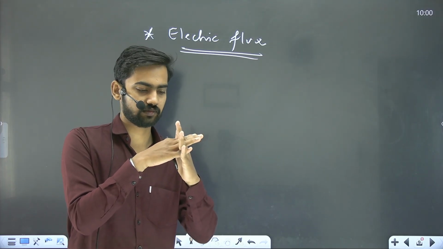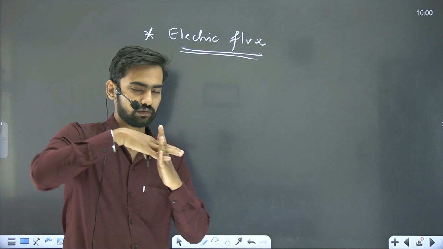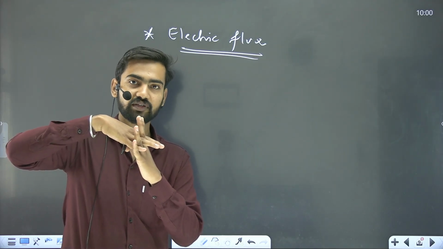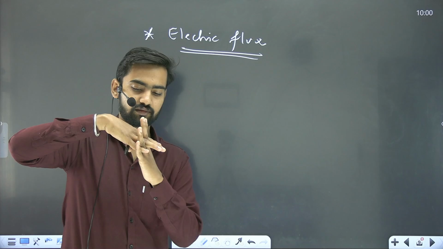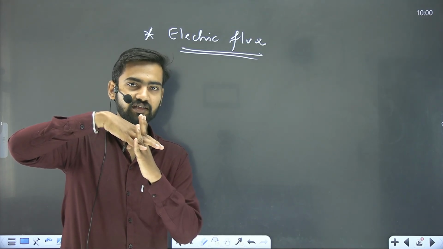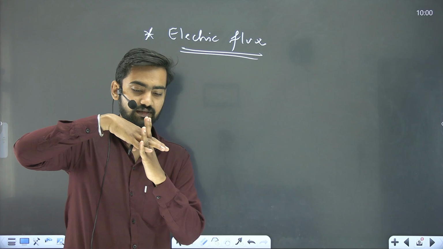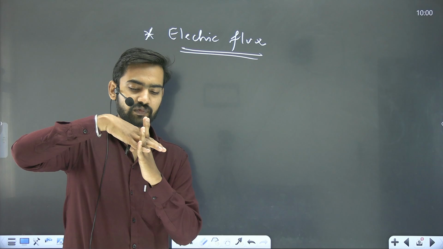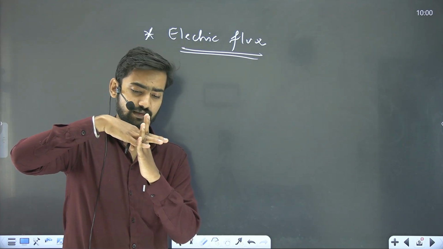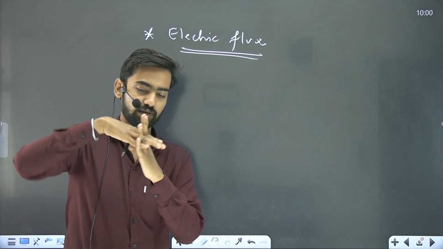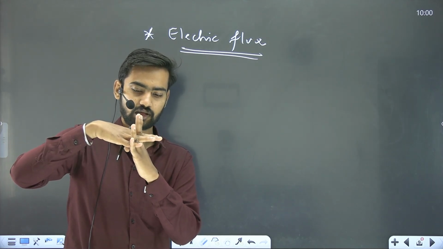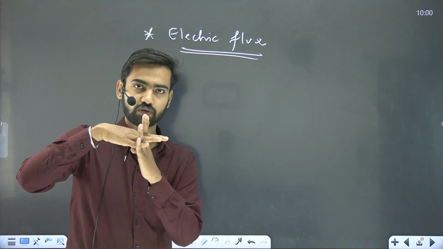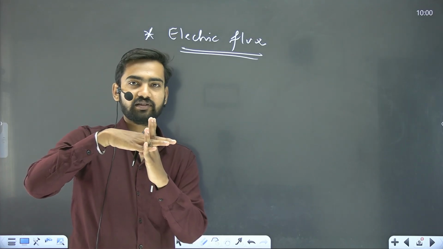If the electric field lines are making some angle, then it is not electric flux. Electric flux is the flux where the number of field lines pass through the surface normally. Whatever field lines pass through the surface normally is only known as electric flux.